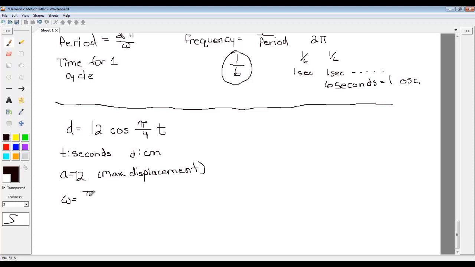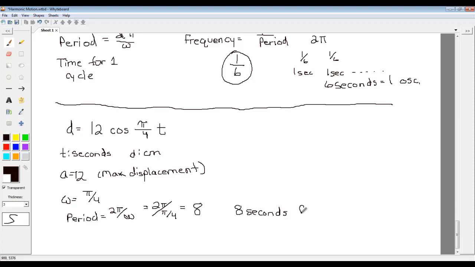Omega is pi over 4. And since the period is 2 pi over omega, we've got 2 pi over pi over 4. That's going to equal 8. So it takes 8 seconds for one cycle.